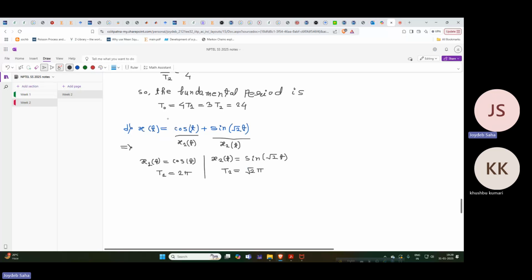So T1 upon T2 is equal to 2 pi upon (2 pi upon root 2), which is equal to root 2, which is not rational.